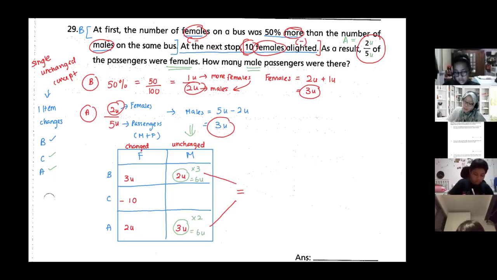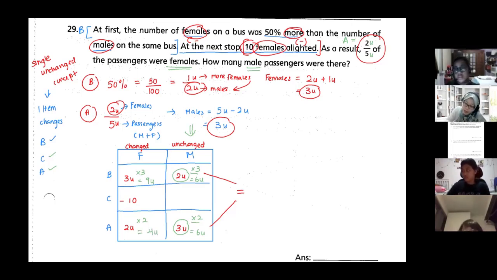So I'm happy. But whatever you do to the male, the female will be affected. For my before row, I times 3 for my male, so I must times 3 for my female. For the after row, I times 2 for the male, so I must times 2 for my female. So this will be 9 units, and this will be 4 units. Now I'm happy already.